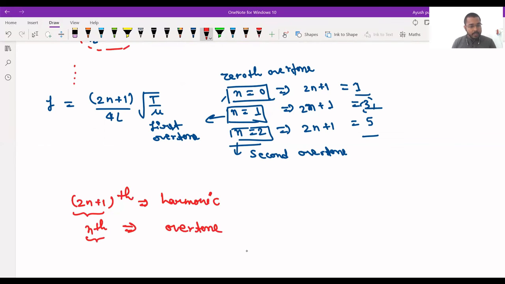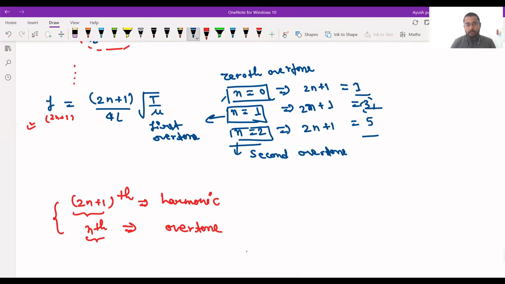So if you remember this formula, f(2n+1) is equal to (2n plus 1) upon 4l root of T upon mu, and this thing, then you will completely understand which harmonic and which overtone this is.